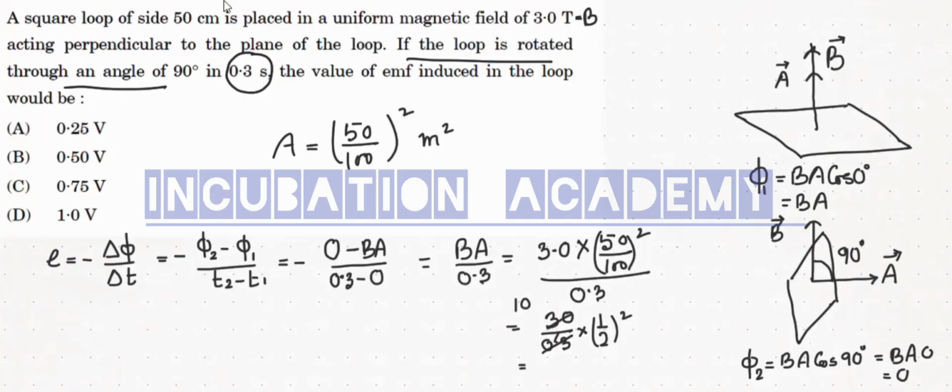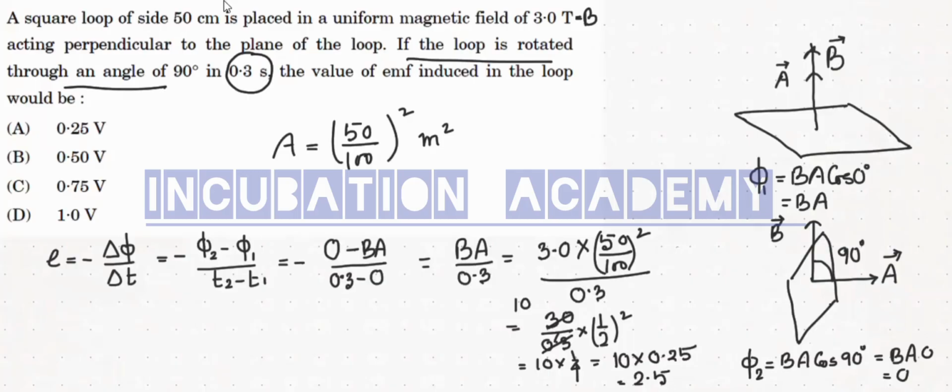Then 10 multiplied by 1 by 2 square, which is 1 by 4, which is 0.25. So it comes to 2.5 volt.